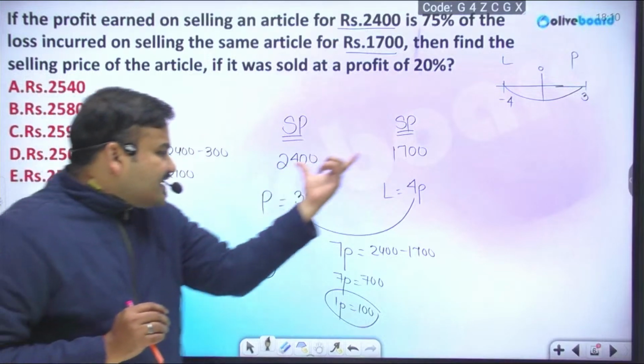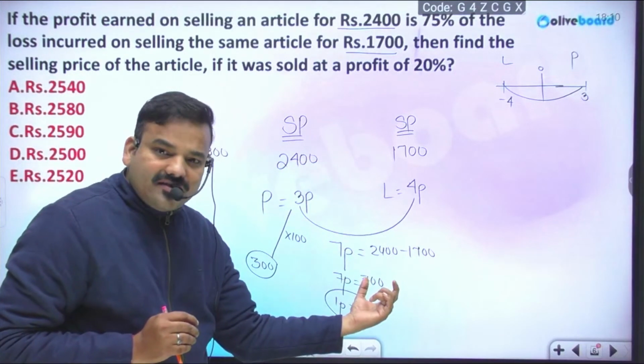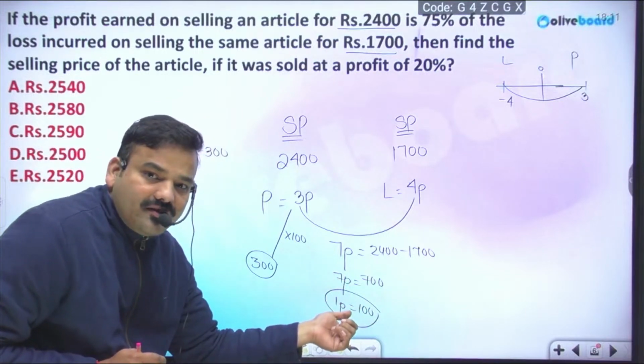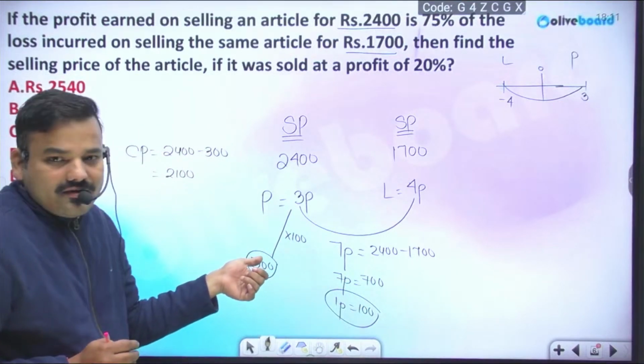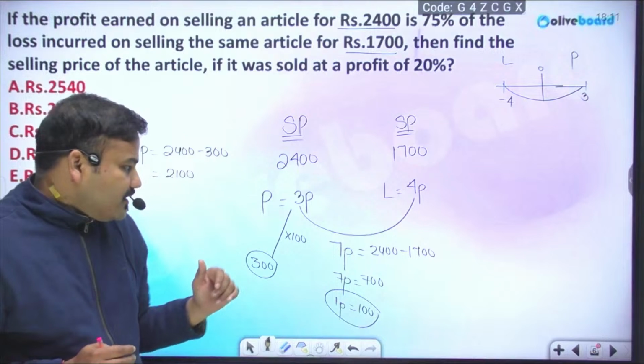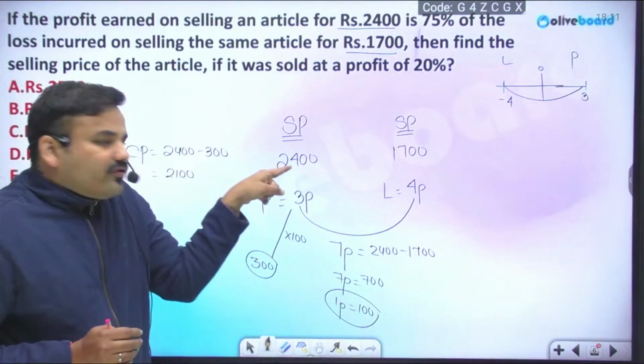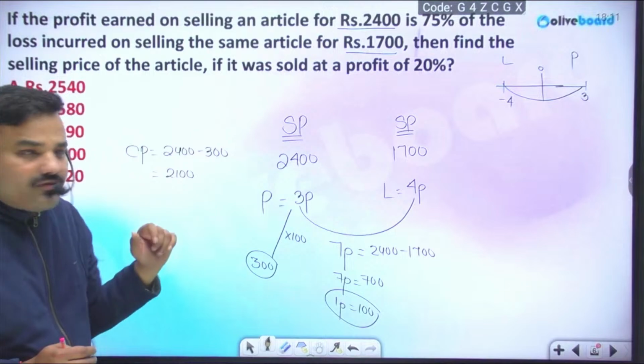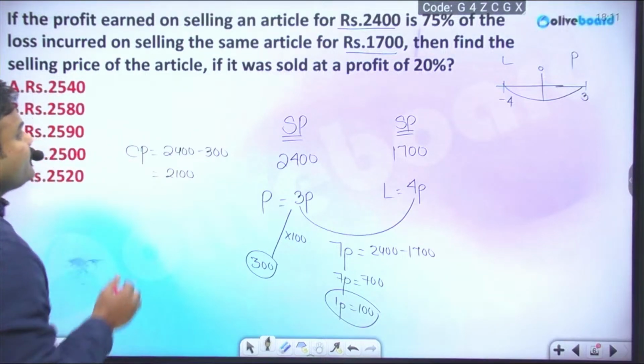The change in selling price is nothing but 700. So 7 units represent 700, so 1 unit will be 100. So 100 times 3 is 300. Even you can do it from here also. While selling an article for 2400, he is making a profit of 300. That means the cost of the article is 2100. So the cost price is 2100.